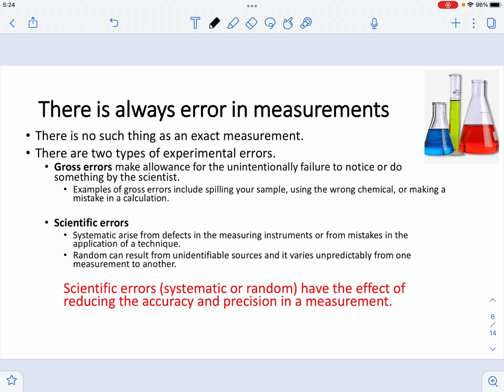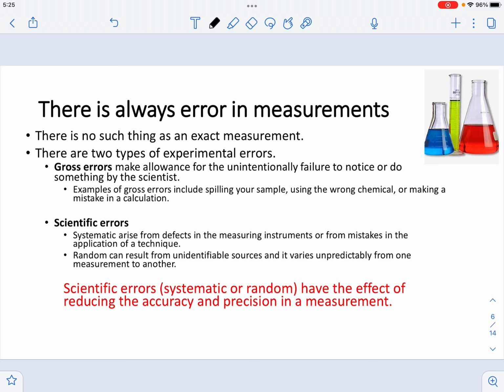Random scientific errors can result from unidentifiable sources and vary unpredictably from one measurement to another. There are situations when you are in the laboratory and, for example, the ventilation system may be blowing a lot of air and changing the mass of the substance just because the air circulation is not the same.